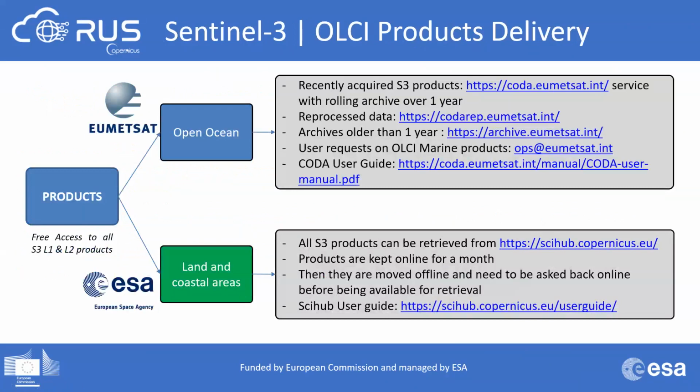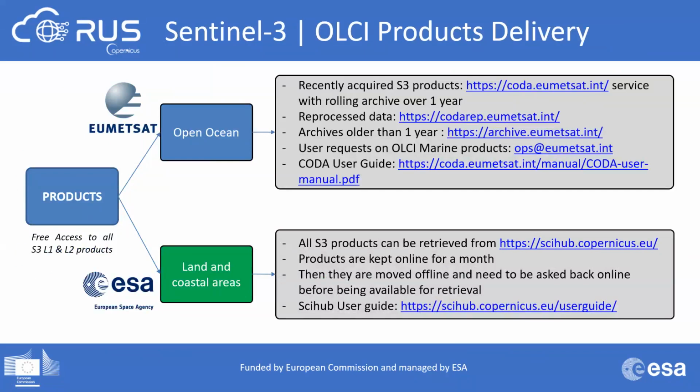So how are OLCI products disseminated to the users? First of all, there is a free access policy to all Sentinel-3 level 1 and level 2 products. Then remember that there are two different on-ground processing chains, one dedicated to producing products over open ocean and one dedicated to producing products over the land and coastal areas.